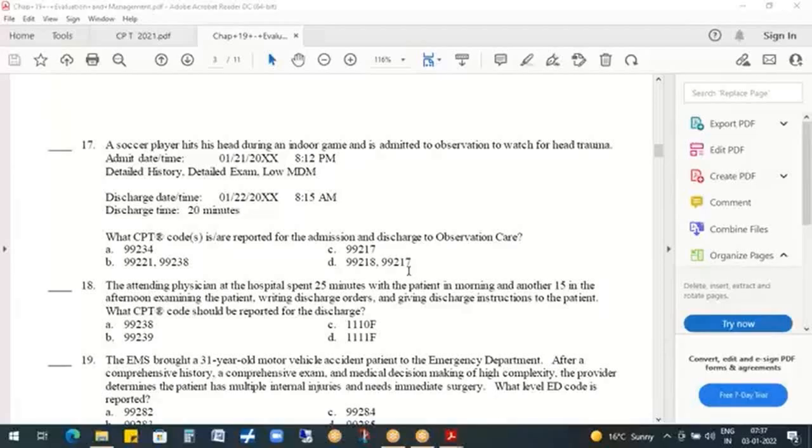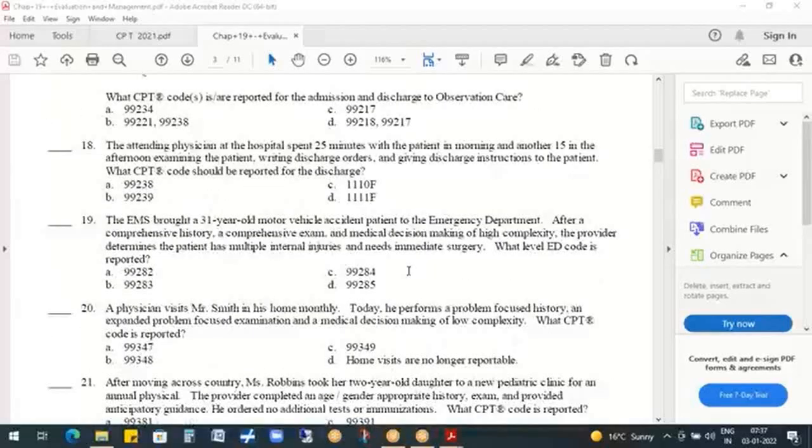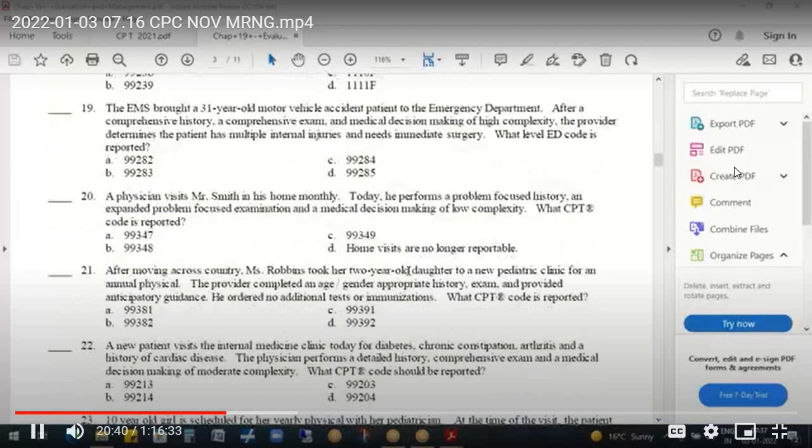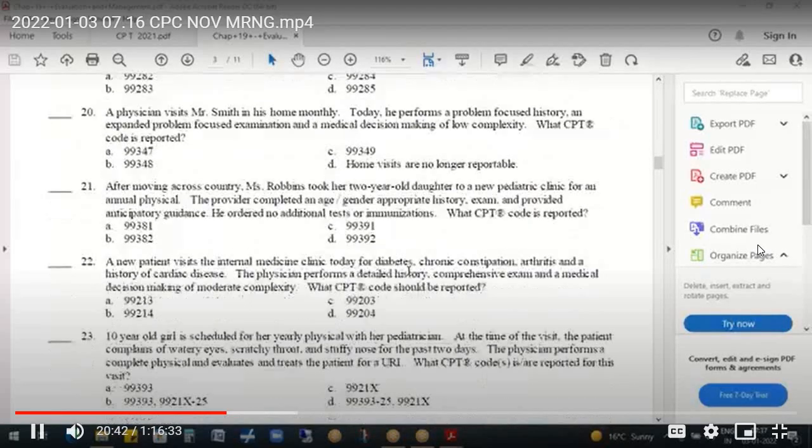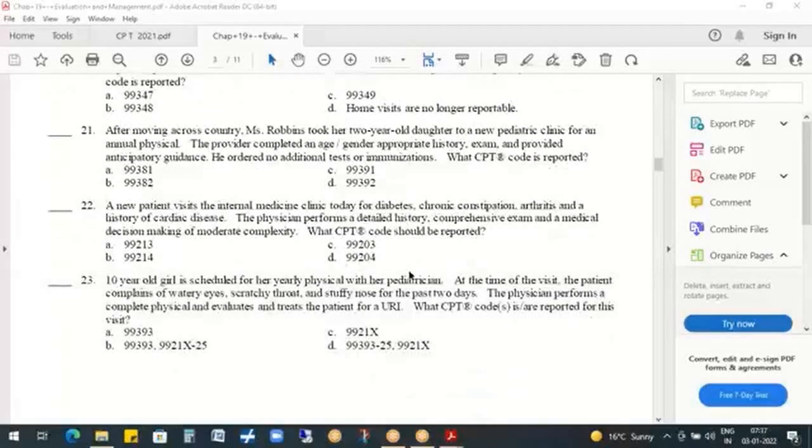Now, for example, see why we need to memorize the code series, at least 8. Can you see question number 21? See the options 99381, 382, 391, 392.